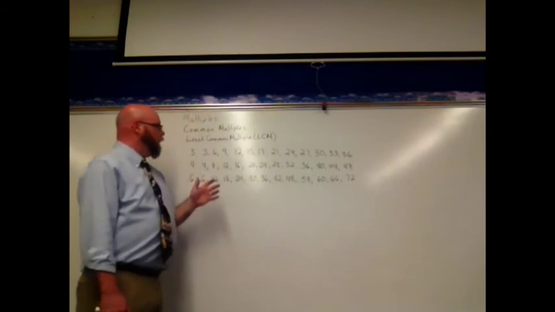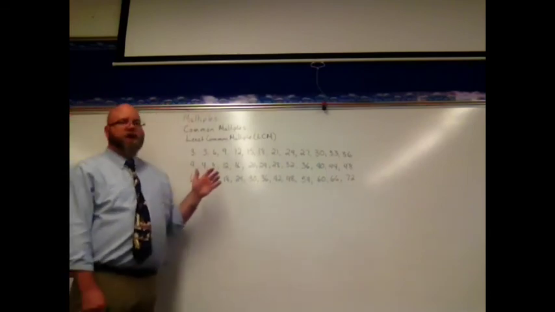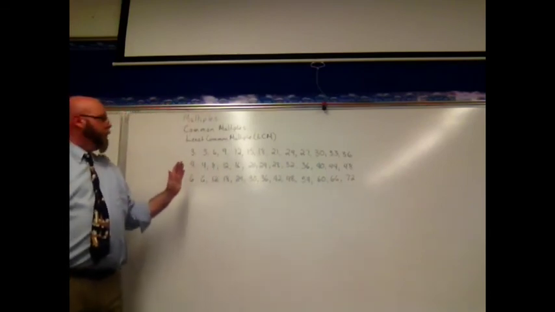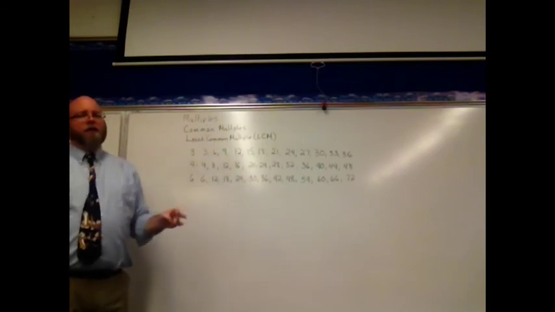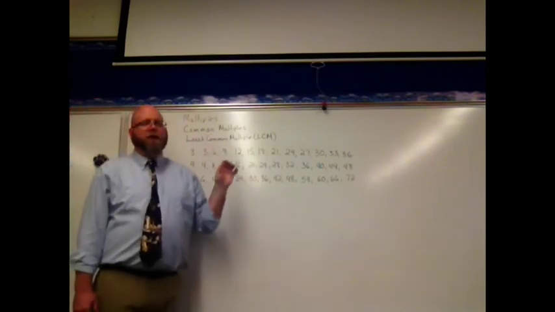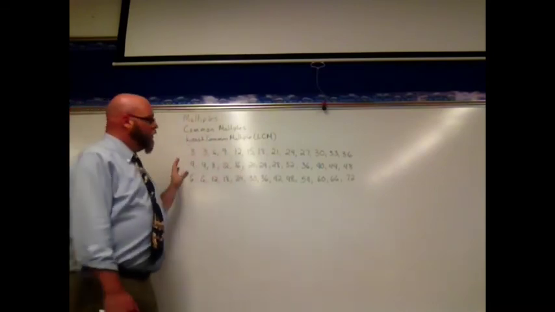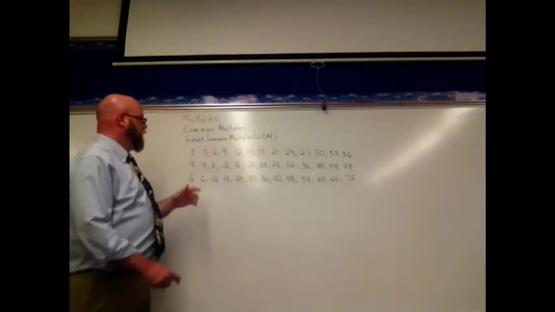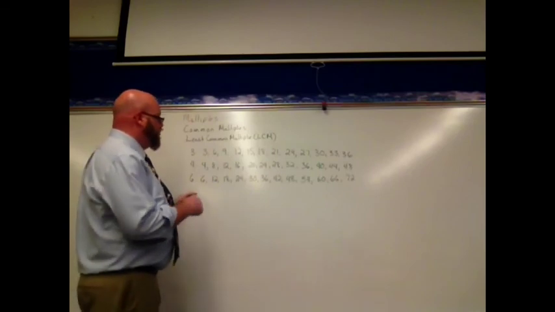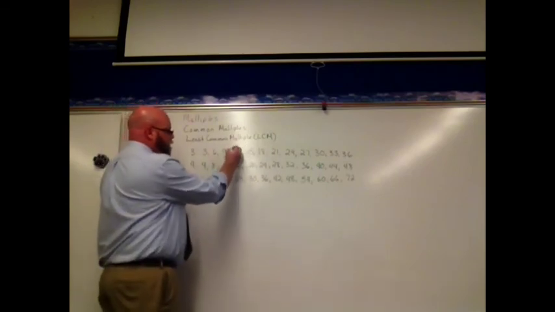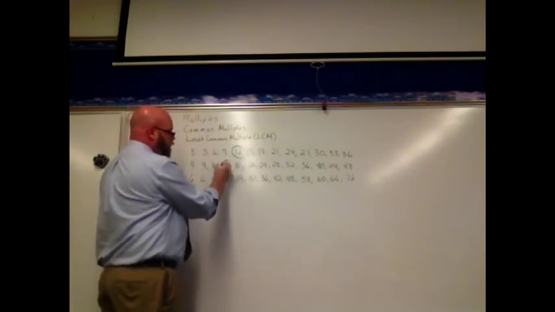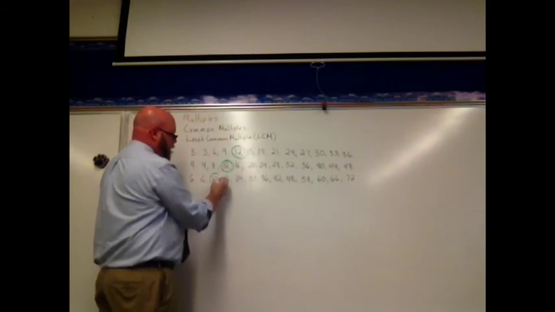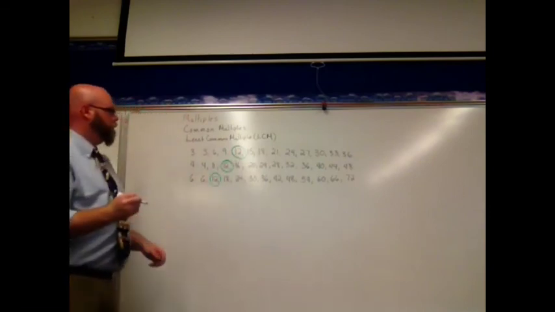Now, I'm going to look through and I need to find a number that shows up in all 3 rows. I'm going to be looking for a number that all 3 share, not just 2 of the 3. So I'm looking, and the first thing that I see that all 3 share is 12. Okay.